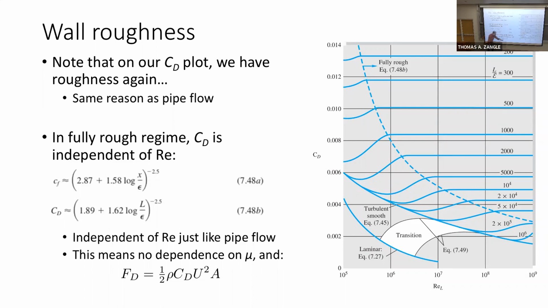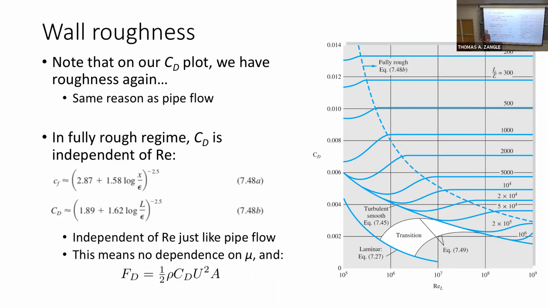We've been doing all of this work to derive CD for a flat plate, right? Which we can look up on this chart or use the relations that we've been plotting. And what we can see here is that when we're in this fully rough regime, there's no dependence of the coefficient of drag on Reynolds number, meaning that there's no dependence on viscosity.